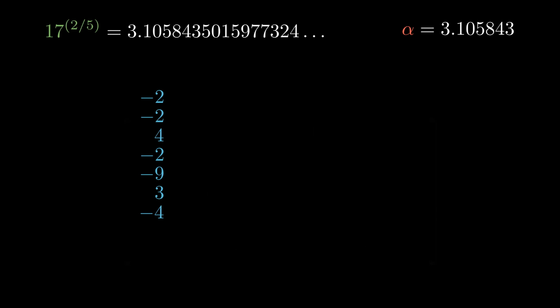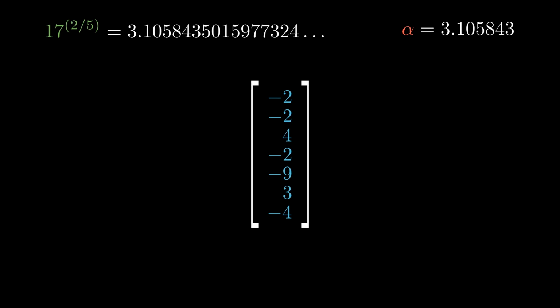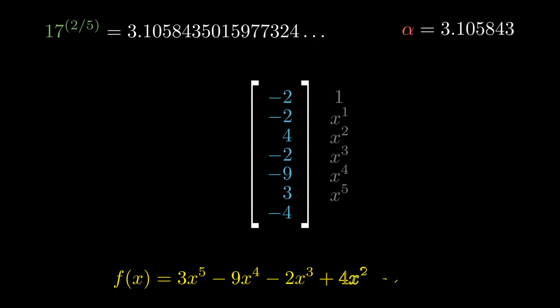Let's throw out all those garbage columns and cut straight to the meat and potatoes. The shortest vector in the reduced basis. Again, we read this off as encoding a polynomial, but now it encodes a degree 5 polynomial. Let's read off the polynomial this encodes. There it is, the minimal polynomial of 17 to the 2/5.